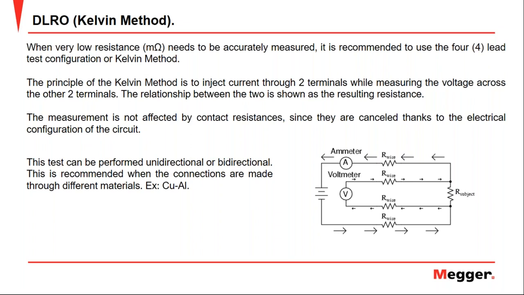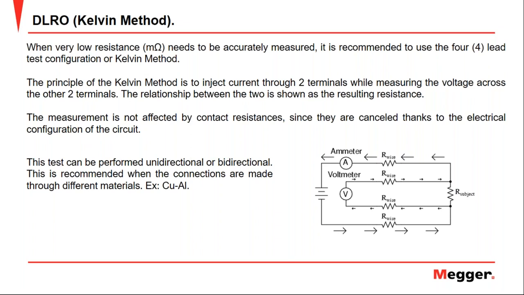Through this circuit configuration, the measurement eliminates the error from the cable and the contact resistance, making the measurement much more accurate. For large motors, where the winding conductors have much larger diameters, this is the method that should be used since we are talking about values around milliohms.